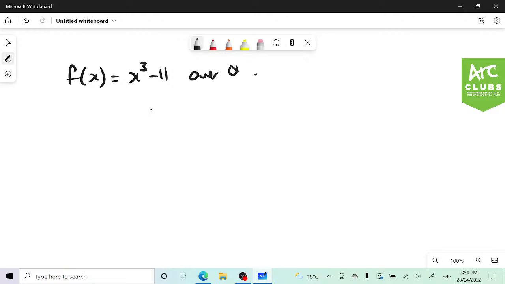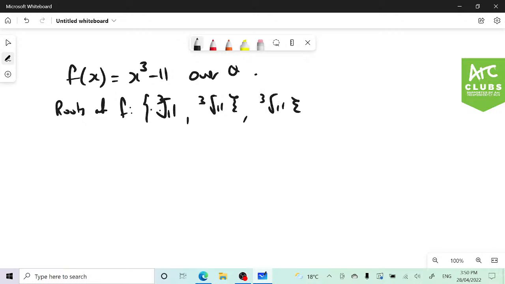The roots of f come in the form cube root of 11, cube root of 11 times some element here, and the cube root of 11 times this element here. So this element is the primitive third root of unity.